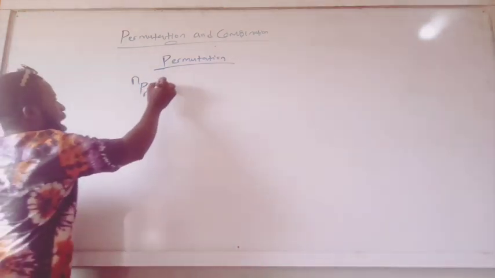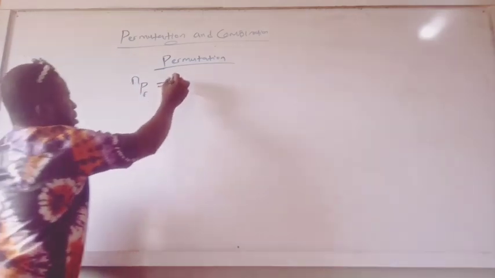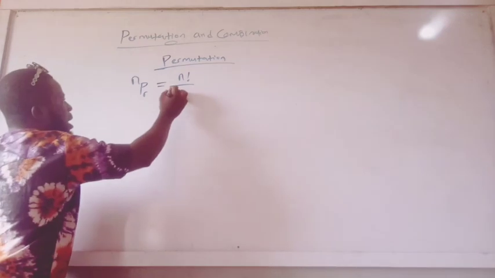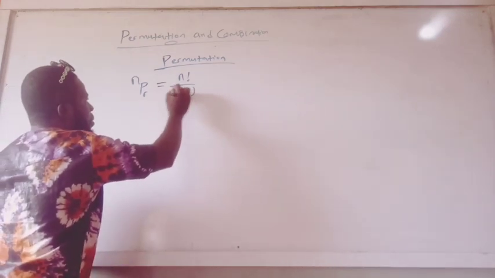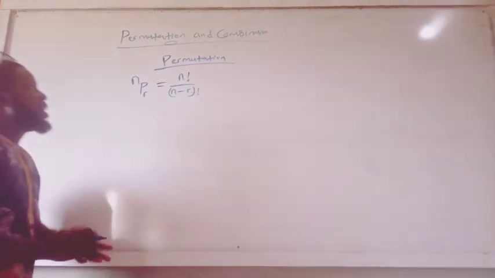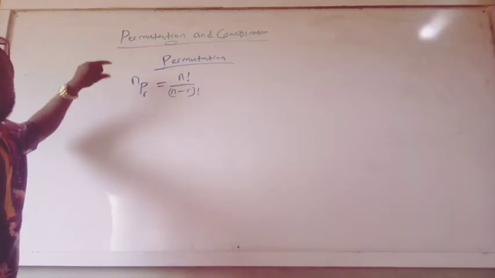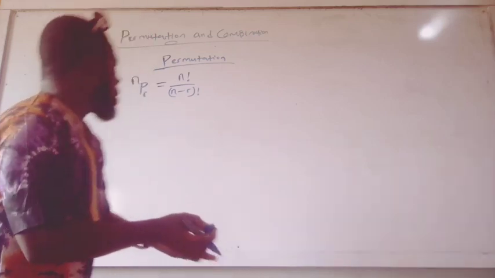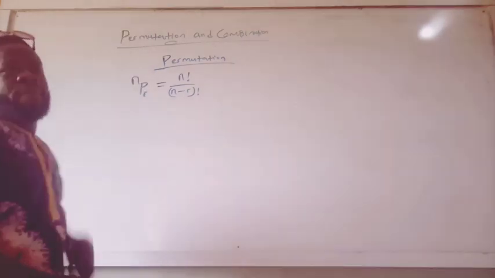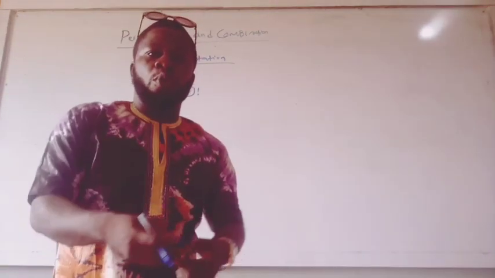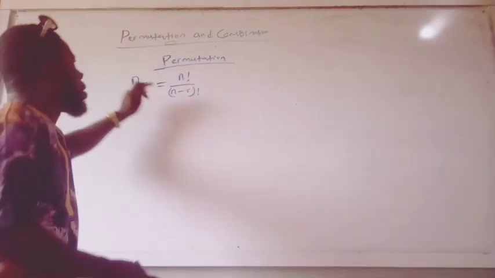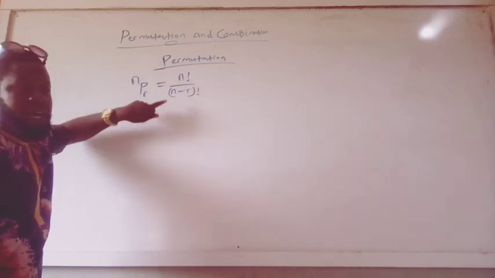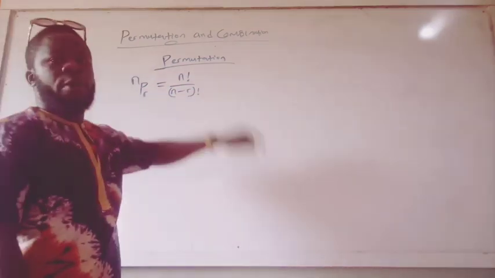So if you add that, this is telling you that this is going to be n factorial all over n minus r factorial. The n is representing the number of items, while the r is talking about the number of items you are arranging. So this is n permutation r. And the formula is n factorial all over n minus r factorial.